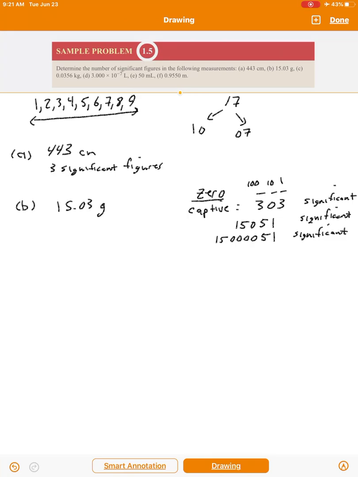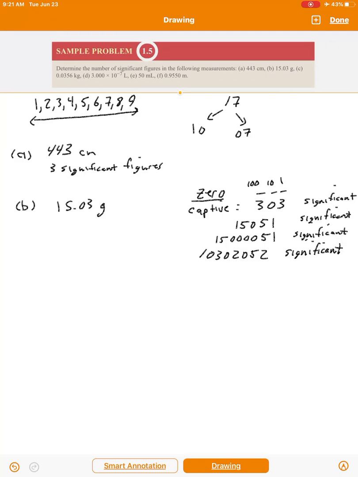And they don't have to be right next to each other. See how the 0s are not next to each other, but they're all surrounded to the left and to the right by a number between 1 and 9. So these are all significant. Those are all called captive 0s. So again, all you're doing is you're counting the number of digits in the measurement.